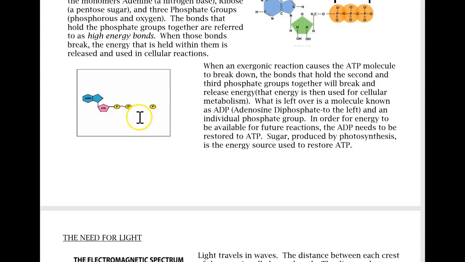So think of it this way. Think of this part of the ATP molecule like a boyfriend, and this independent phosphate as the girlfriend, and they just broke up. There's a lot of energy released in breakups, isn't there? You cry, you're upset, you get exhausted because you're just emotionally exhausted.